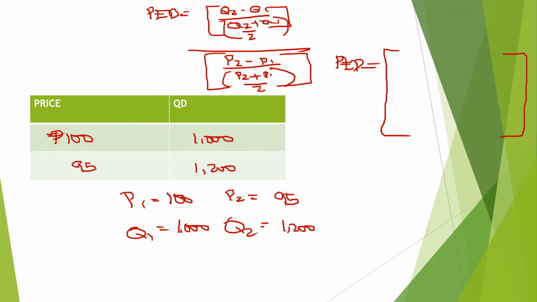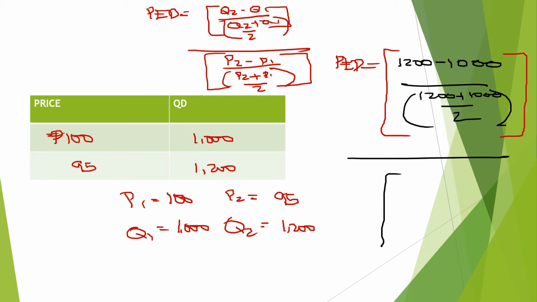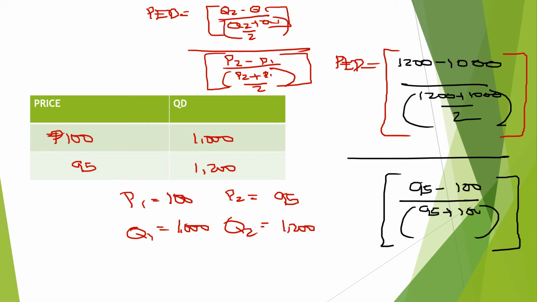Let's have the Q first. So the Q is 1,200, Q2 minus Q1, all over 1,200 plus 1,000 divided by 2. And then let's do the change in the P. P2 is 95 minus the old P, which is 100, all over 95 plus 100, divided by 2 to get the average. Okay, so let us check. Maybe you can start computing now.